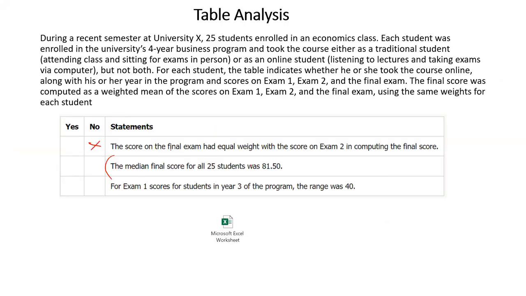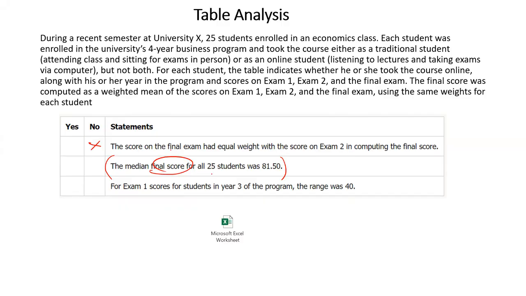Now, the median final score for all 25 students is 81.5. Median is obviously the middle value when you arrange the data in ascending sequence. In this case, you would arrange the data in ascending sequence for final score. So you would sort it on final score.